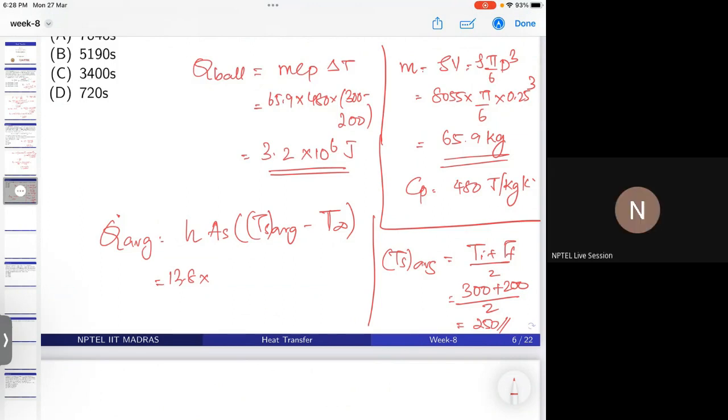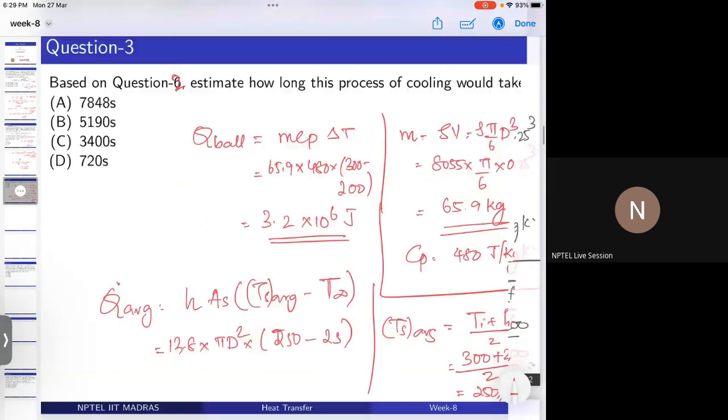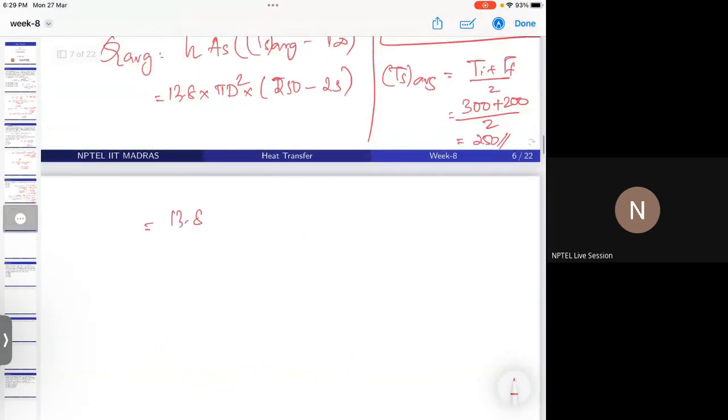Since I have taken the diameter, it's equivalent to pi d square, into Ts average, 250, minus T infinity, which is 25. So if we calculate this, we get 13.8 into pi into 0.25 the whole square, into 250 minus 25. What is this answer?